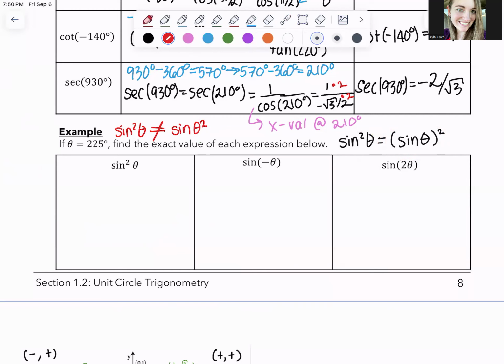All right. So we're just plugging in 225. So we have sine squared of 225 degrees. And that's the same thing as sine of 225 degrees, all squared. That's going to be the y value at 225 degrees on the unit circle.